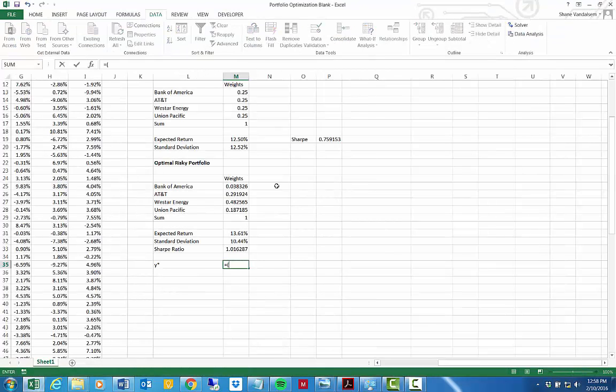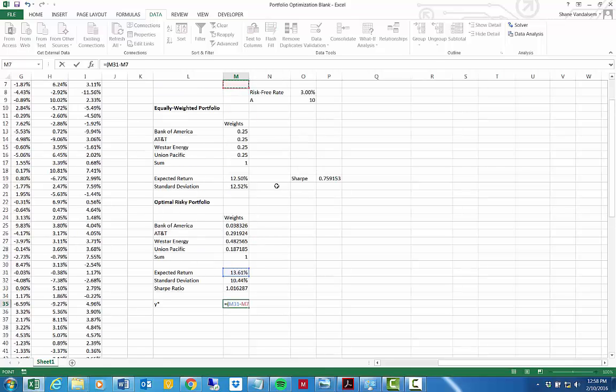So this is going to be equal to the expected return on the portfolio minus the risk-free rate, open parentheses, our level of risk aversion multiplied by our standard deviation squared. And the up caret here is, if you press Shift and the number 6, you get the up caret, squaring it. I don't have to hold down Control Shift in this case.